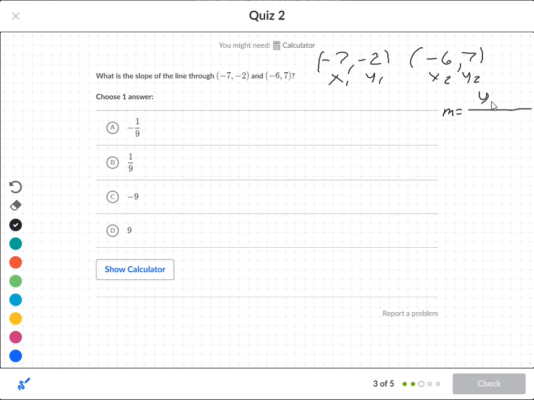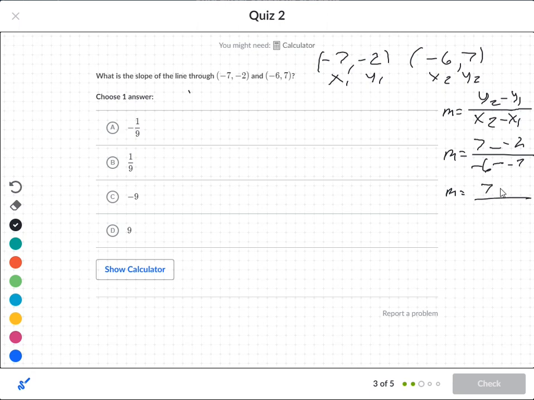Take my second y, subtract my first y, and take my second x, subtract my first x. So I'm going to have 7 minus negative 2 on top. The bottom is going to be negative 6 minus negative 7.